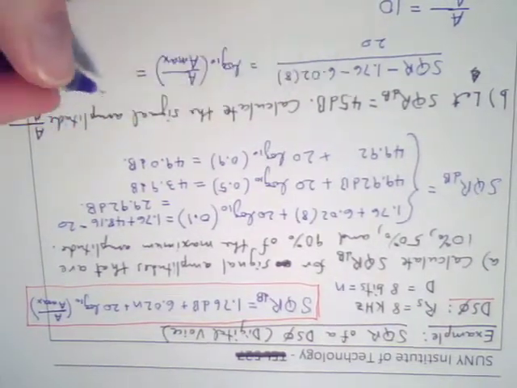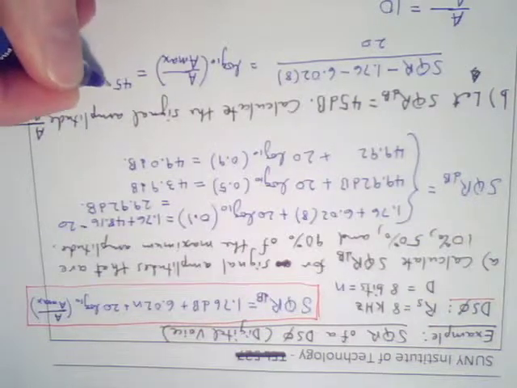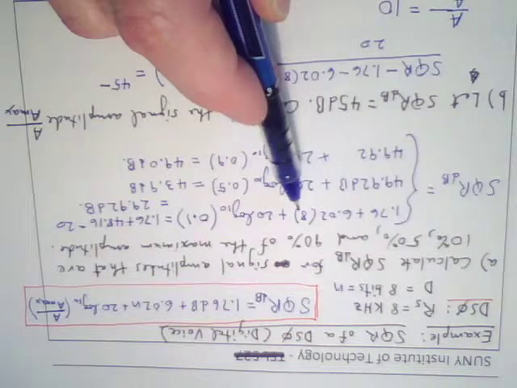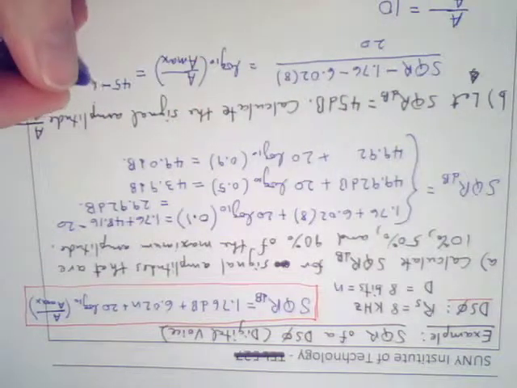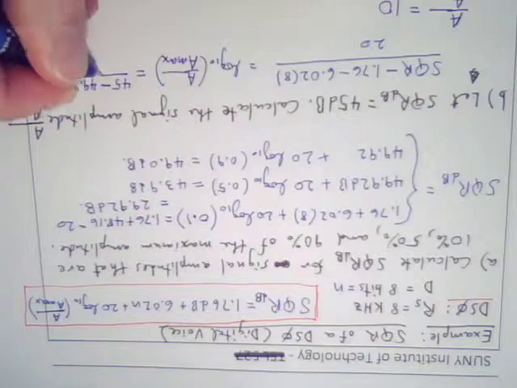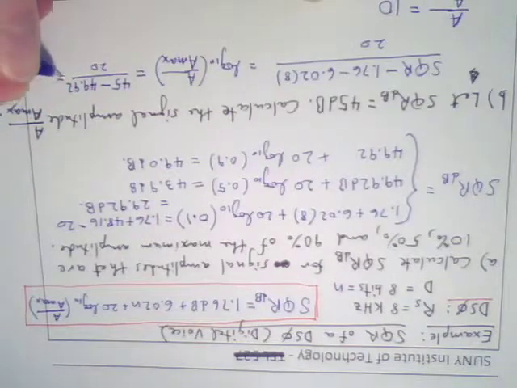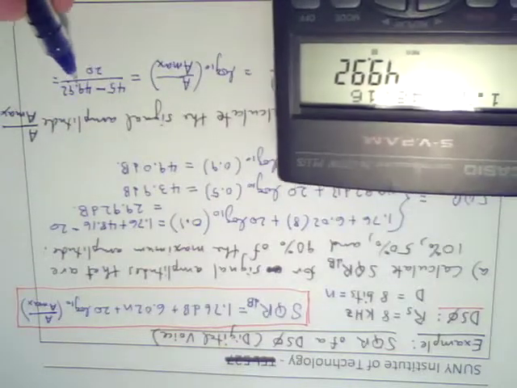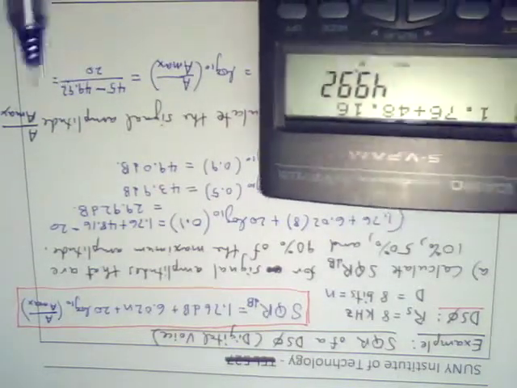You know what I'm going to go ahead and do is calculate that part. My SQR is given as 45 minus, and I already know that 1.76 plus 6.02 times 8 is 49.92, all over 20. And if I multiply that out, let's see, I get a negative 4.92 in the numerator.